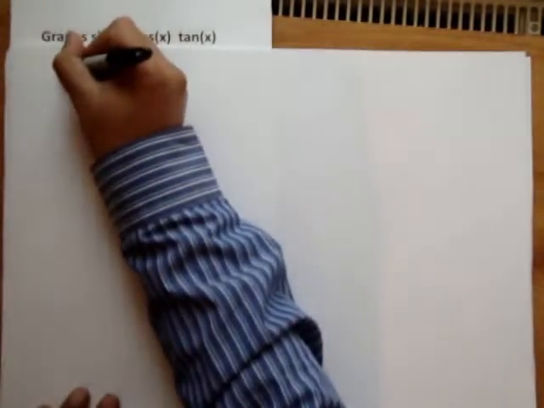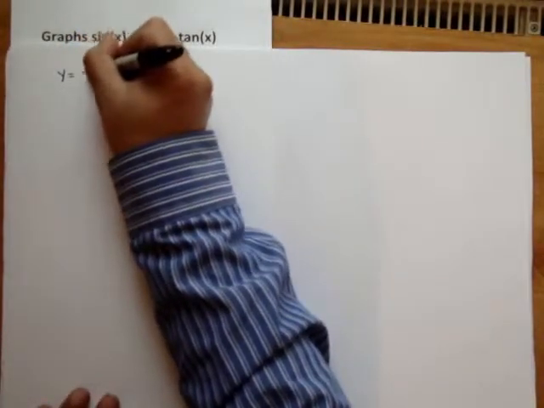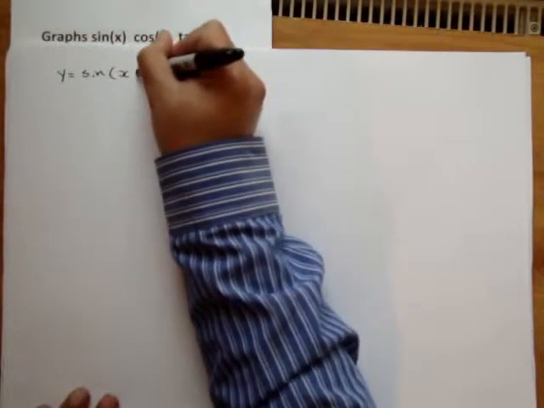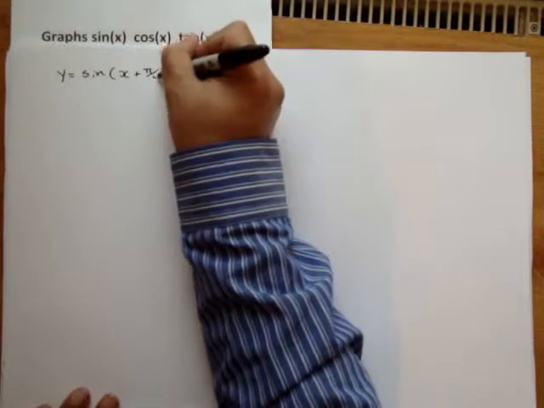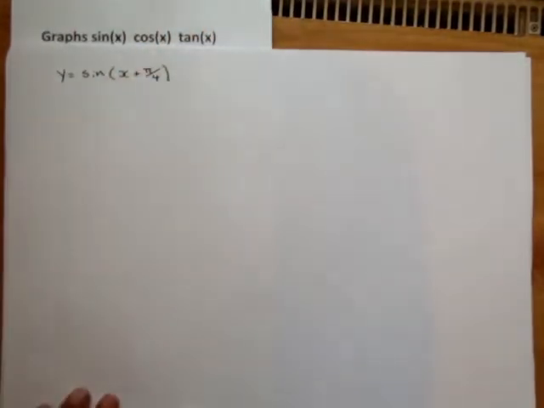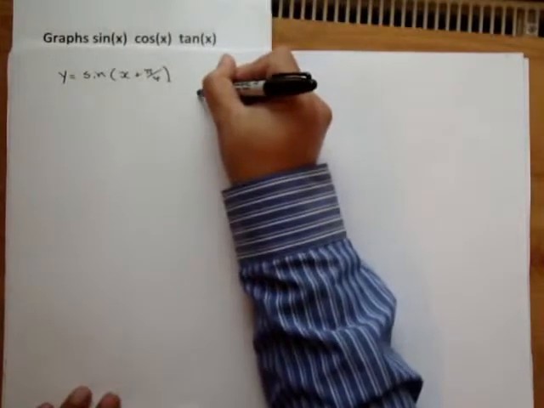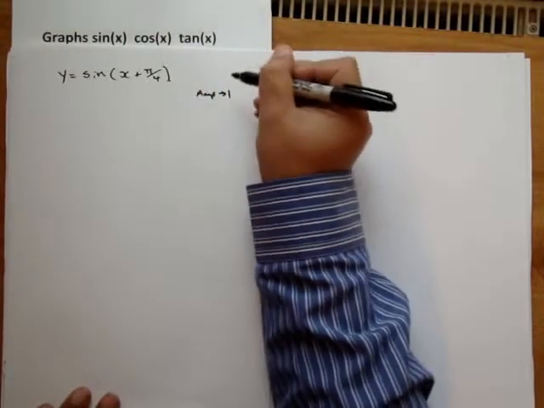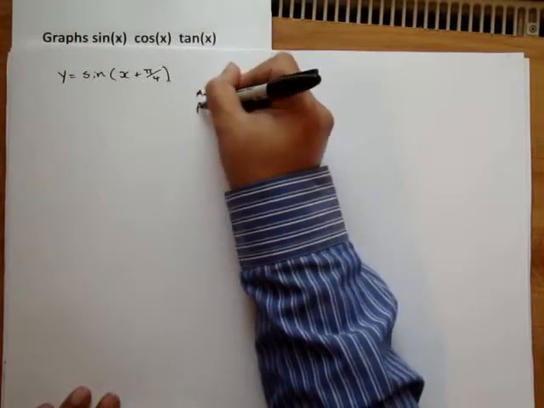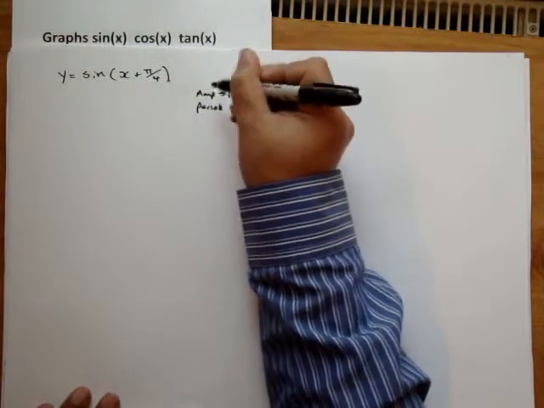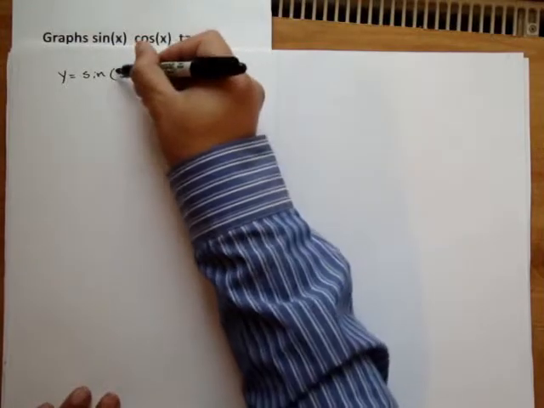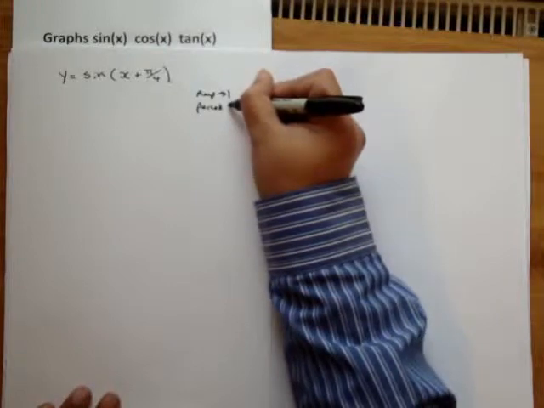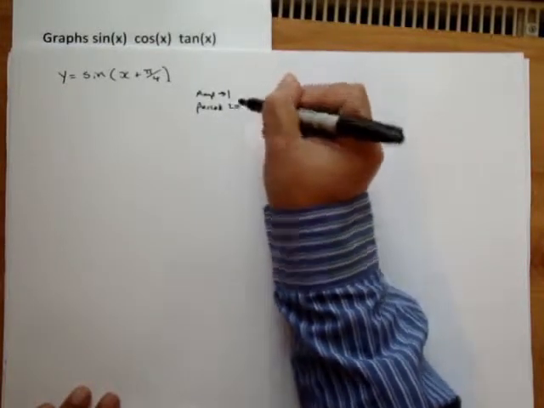Okay, we're asked to draw y equals sine x plus pi over 4. So our amplitude is 1. Our period, there's no value or thing before the x, so our period is still 2 pi.